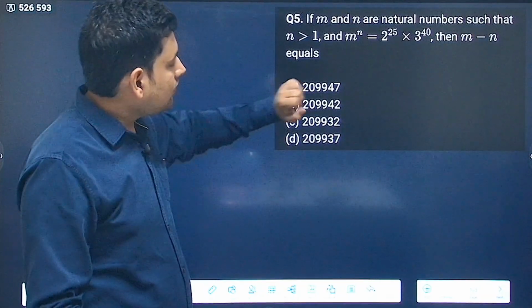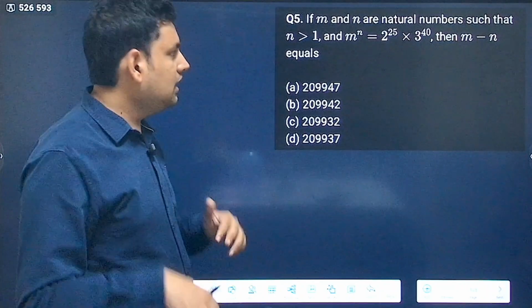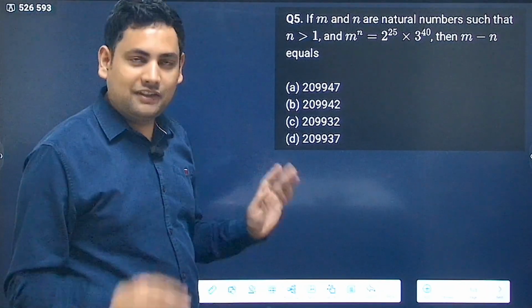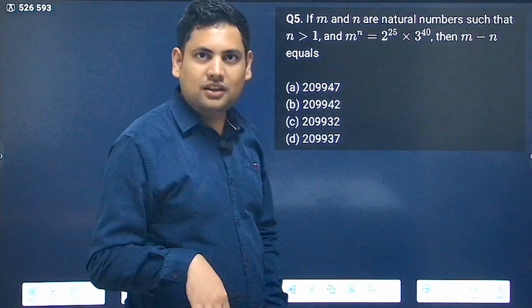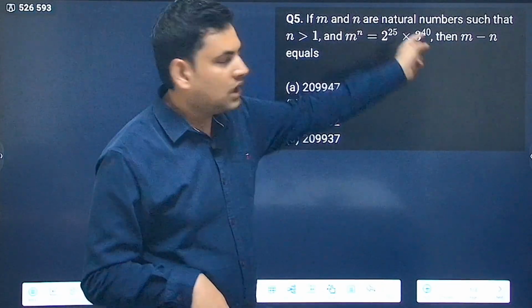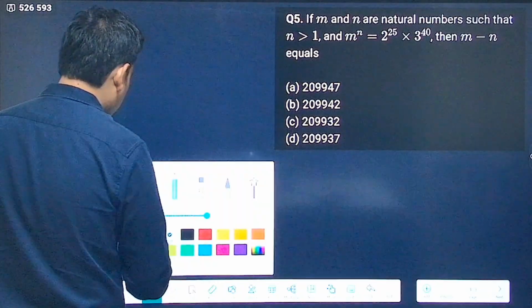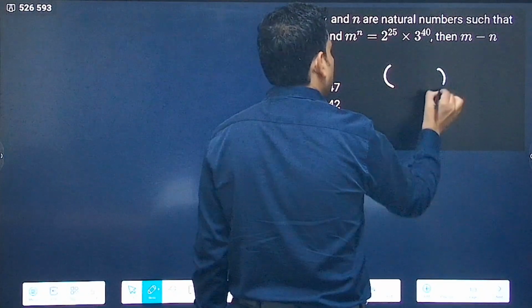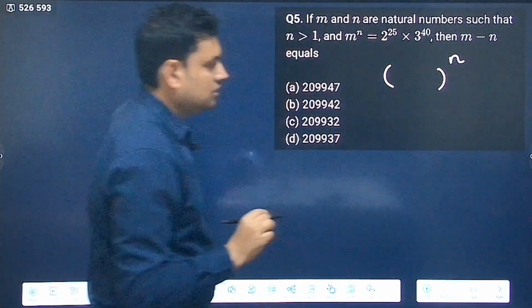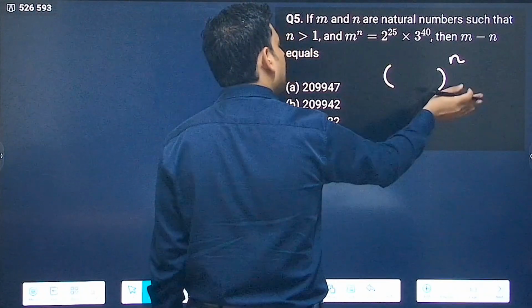Now if you see this, what you should do is pause and think first. I will solve it, but you pause and think how can I break this, how can I get m and n, both natural numbers. That means it must look something like this, eventually something to the power n. Can you feel this? Only one number can come here. Now how do I find that number?